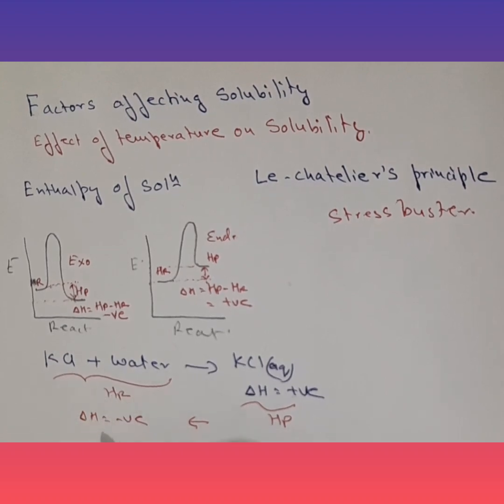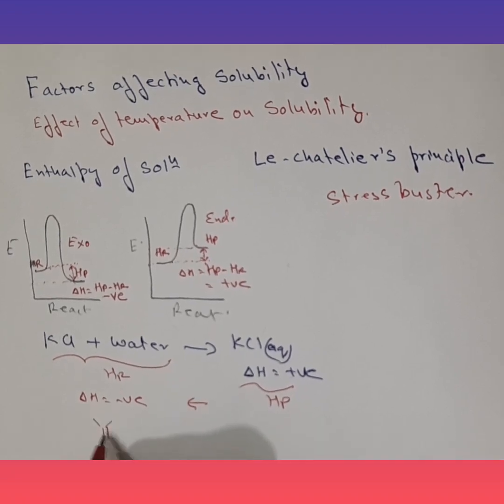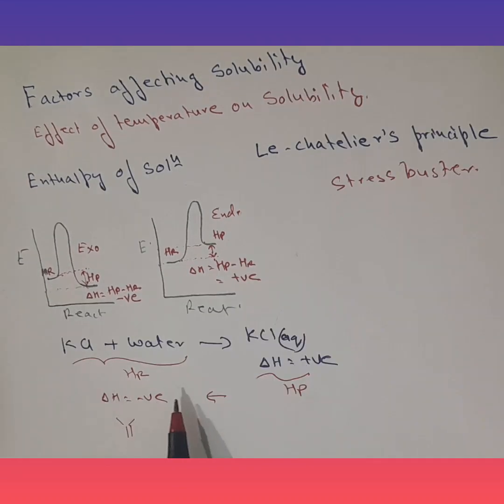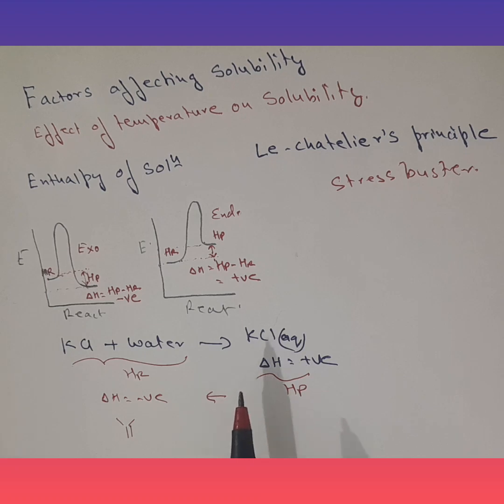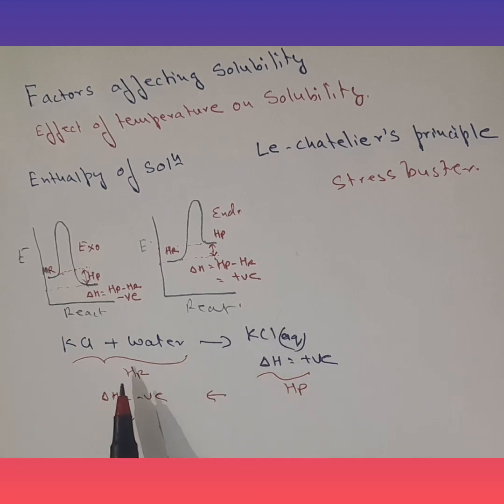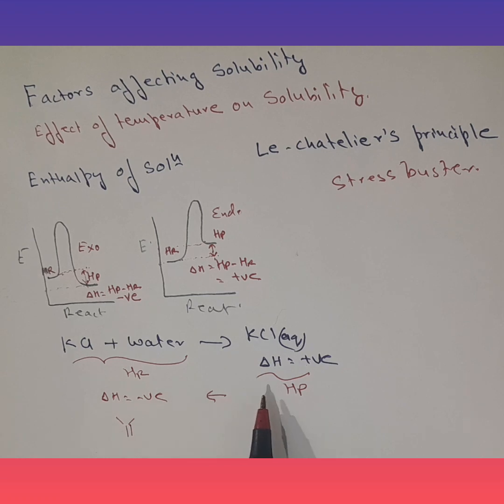So if I apply heat over here, what is going to happen? Already heat is there. So when you apply further heat, the reaction would move in this direction. Why? As per stress buster, already the stress of heat is there over here. If we apply further stress of heat over here, the reaction would move in this direction, as a result of which we expect all endothermic reactions to move in this direction on heating.